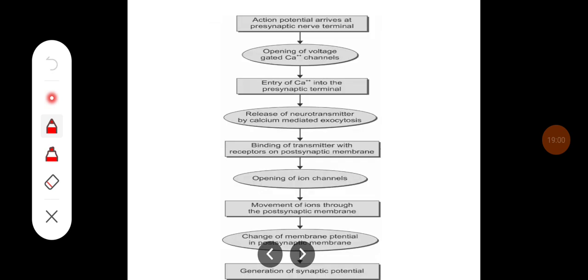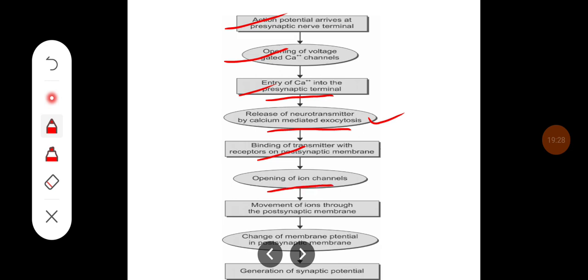So this is another general outline of how synaptic activity occurs when an action potential arises at the presynaptic membrane. It leads to the opening of voltage-gated calcium channels, so that leads to entry of calcium into the presynaptic terminal. It releases the neurotransmitter by calcium-mediated exocytosis. Then binding of neurotransmitter occurs with the receptors on the postsynaptic membrane.